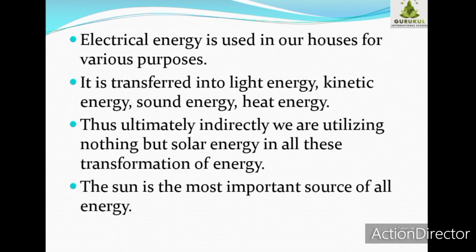Now how is it going to transform into light energy or kinetic energy? When we use any electrical bulb or tube light, this electrical energy is converted into light energy. And when we start a fan, this electrical energy is converted into kinetic energy.